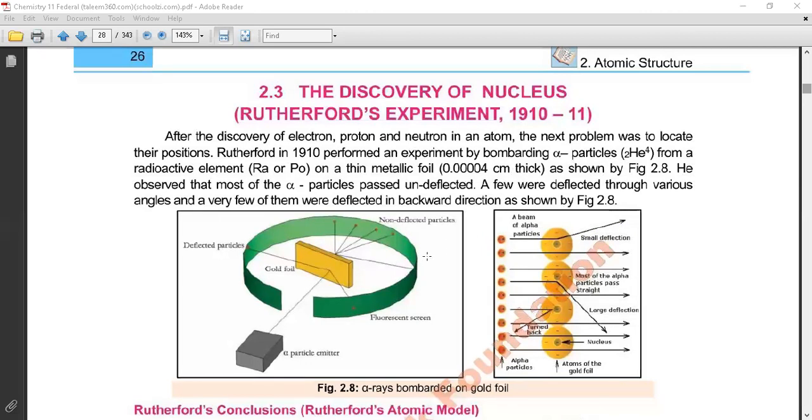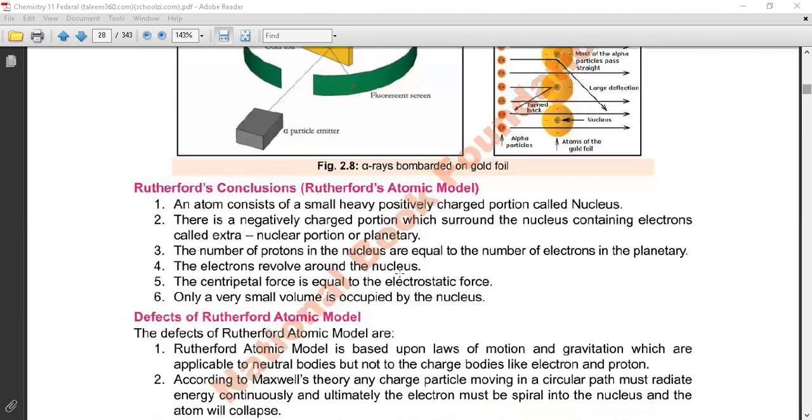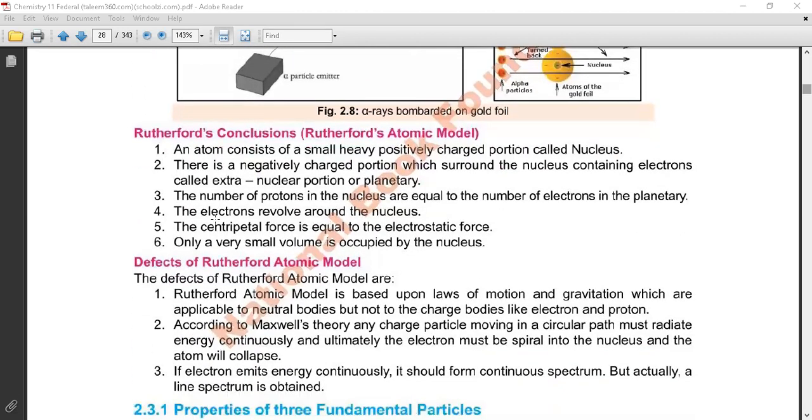Now we will further discuss the conclusions that he drew from the experiment. He stated that an atom consists of a small, heavy, positively charged portion, which he named the nucleus of an atom.